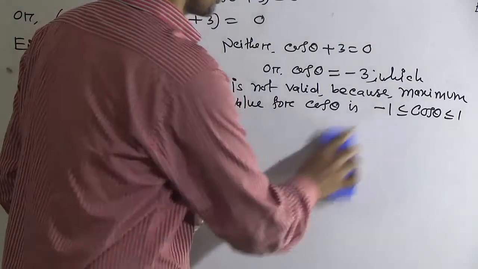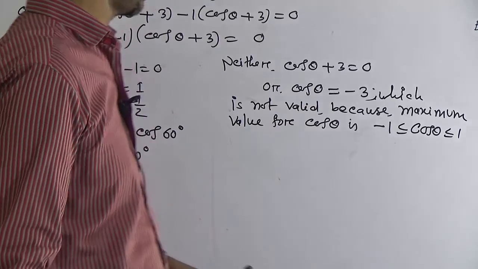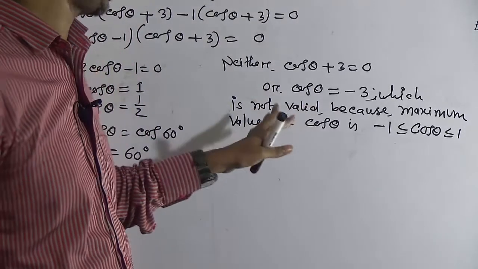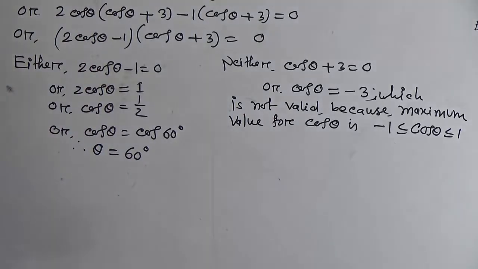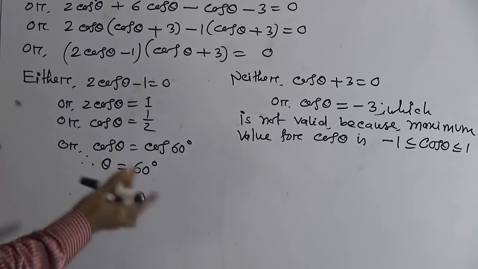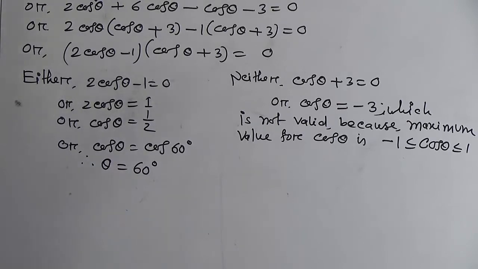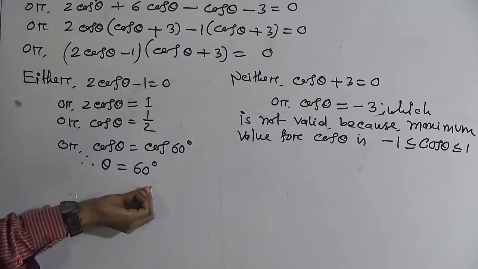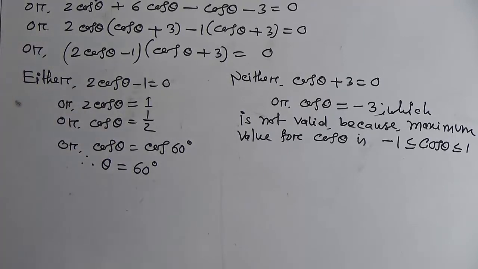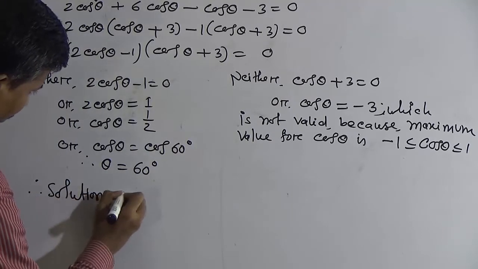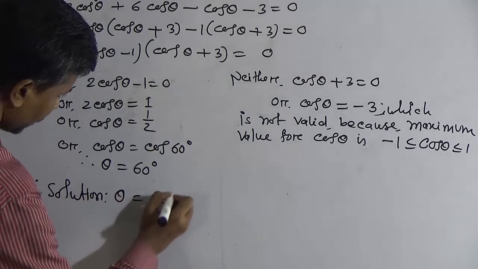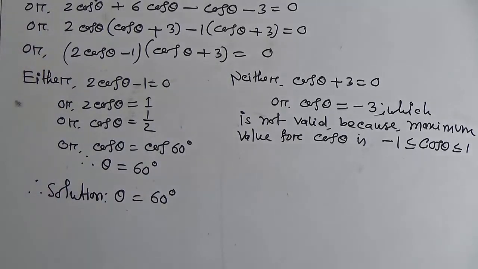So we can say cos theta equal to minus 3 is not acceptable, which is not valid. Therefore, according to the condition, theta must be an acute angle. You see, theta equal to 60 degree is an acute angle. Therefore, write the solution: theta equal to 60 degree, and this is our required solution.